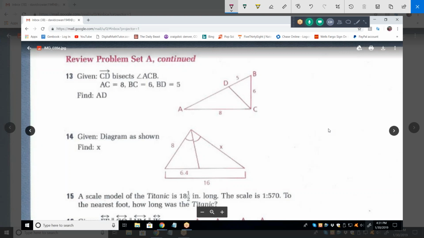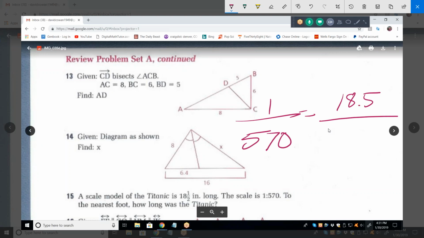If I say 1 is to 570 as 18.5 is to x, that'll give me how long the Titanic is, right?